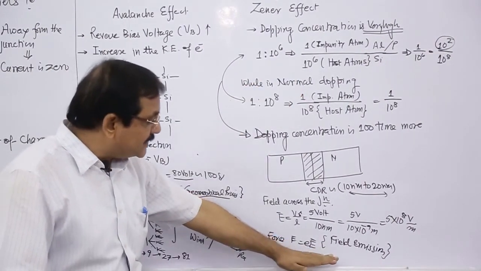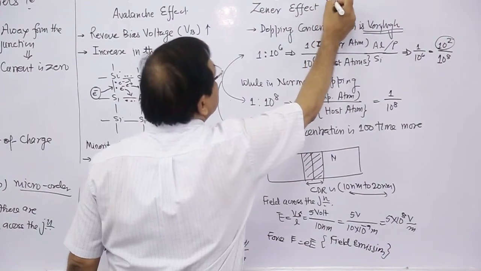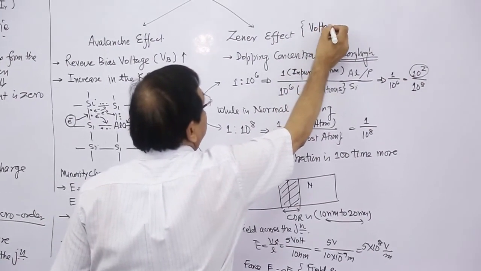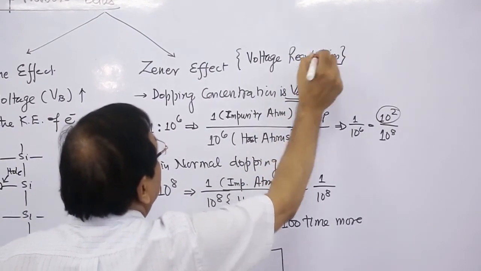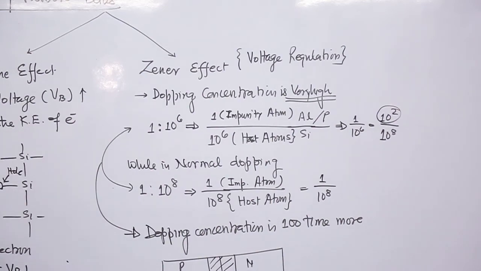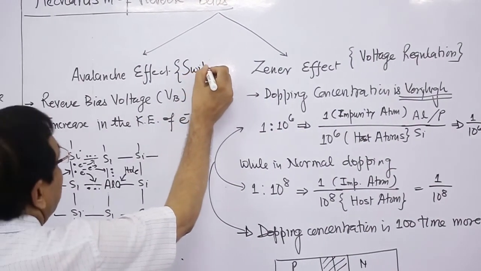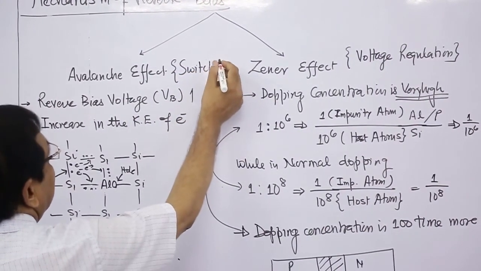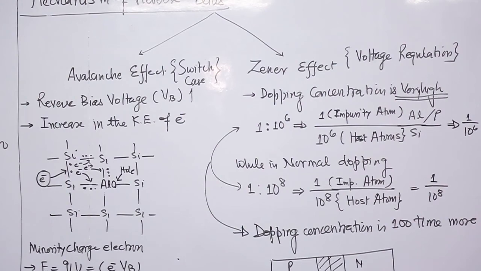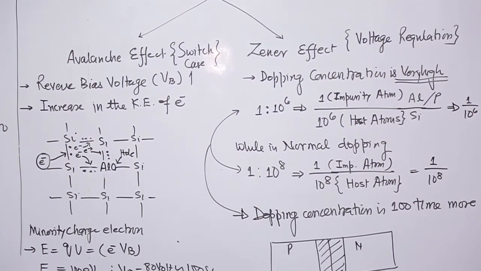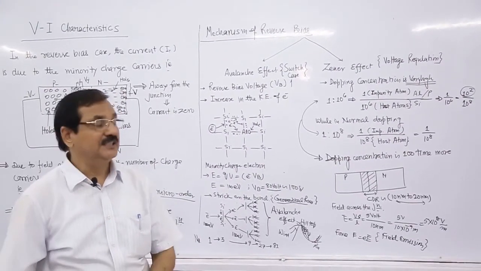So, this is used in case of voltage regulation. This is used in case of voltage regulation in the circuit, while the avalanche effect is used as a switch in the electronic circuit, where one has to make it on or off.